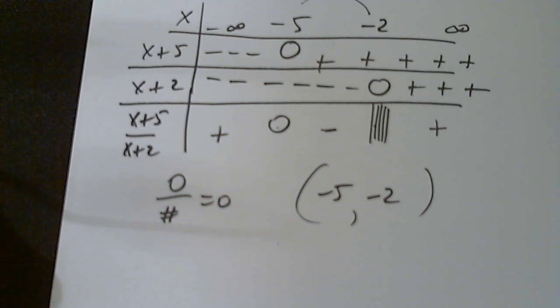Okay, so let's choose a type 3 and find the slant asymptote. So these are all type 3. But so is this, 35. And so is this, because the degree of the numerator is exactly 1 unit higher than the degree of the denominator.